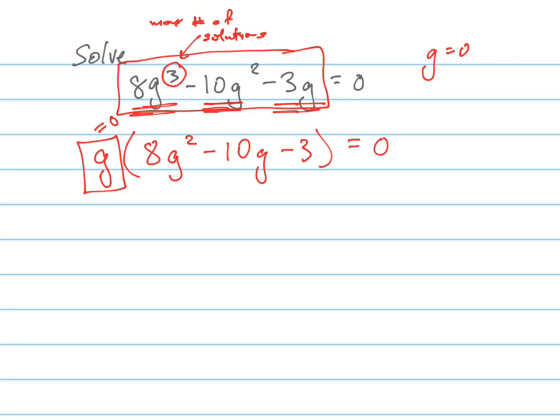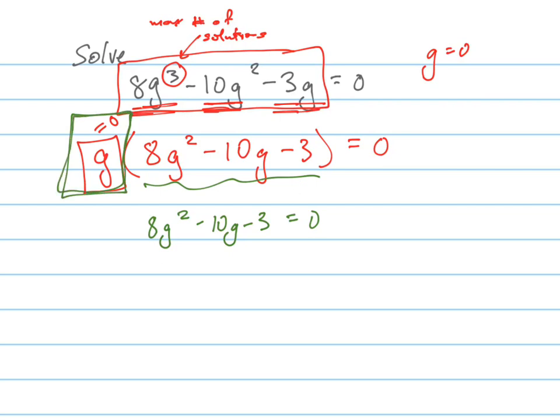Okay, but now what I have to do is find out the solutions to this part of the equation. So I can try factoring, I could try the quadratic formula, I could even try completing the square. So now I'm just focusing right now on this. Notice I've already factored that in, no pun intended, and there's one of my solutions.